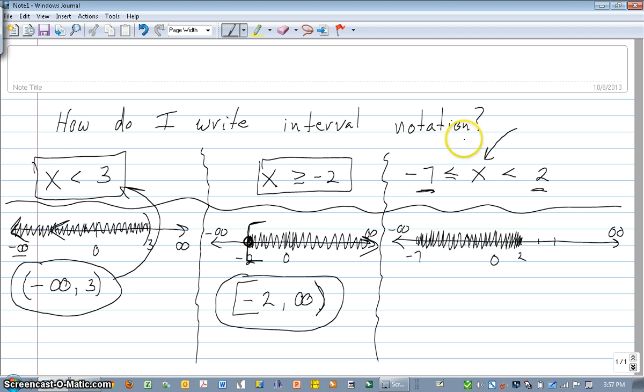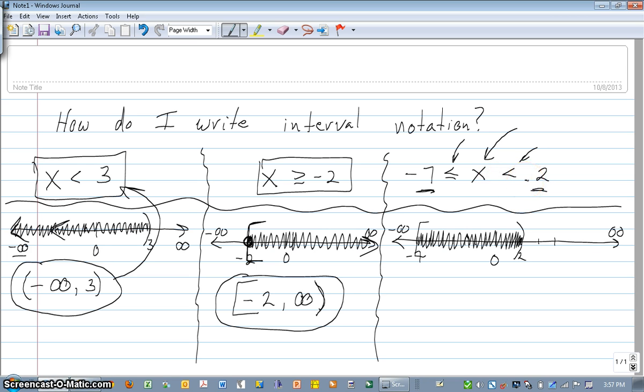Also notice that this inequality has an underline, which means we're going to include -7. This inequality does not have an underline, so we don't include 2. That's how the graph should look. Now if we read this inequality appropriately, -7 is less than or equal to x, and x is less than 2.